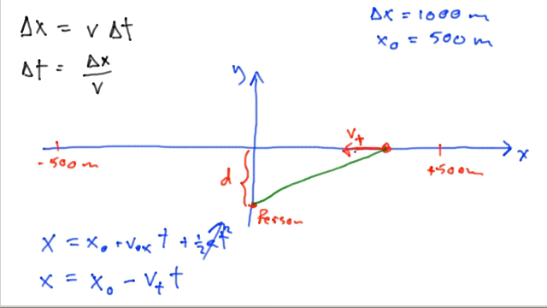Okay, so that's good. Now I need the component of the train's velocity along the vector from train to person. So I need a little vector component diagram. I think I'll try drawing that down here, with a little more space.